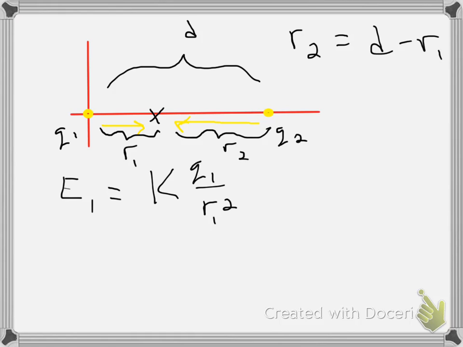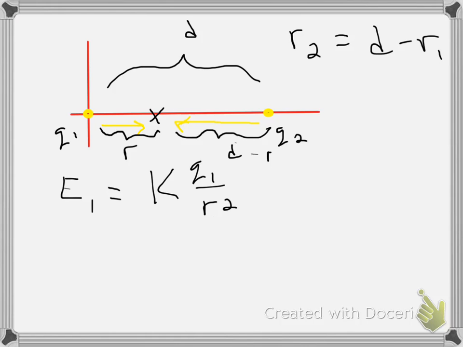If you have trouble seeing that, go ahead and pause the video and think about it. So you can convince yourself of that. So if that's the case, I'm going to relabel that as D minus R, and I'm just going to go ahead and drop the subscript to make the notation a little less cumbersome.